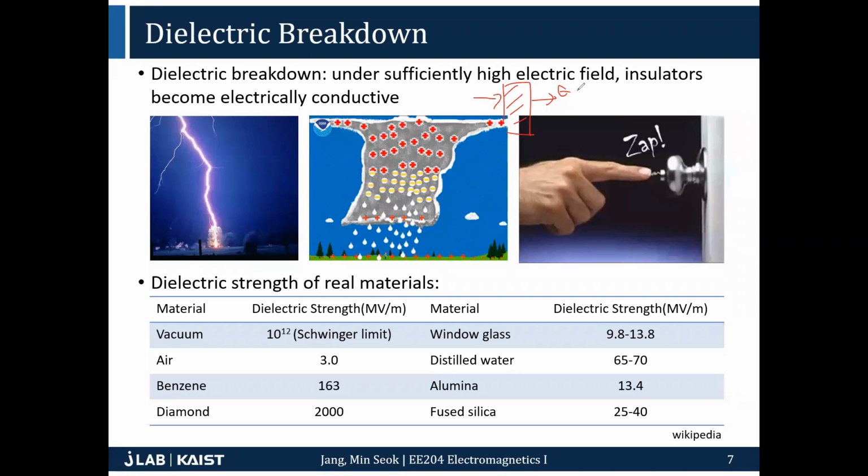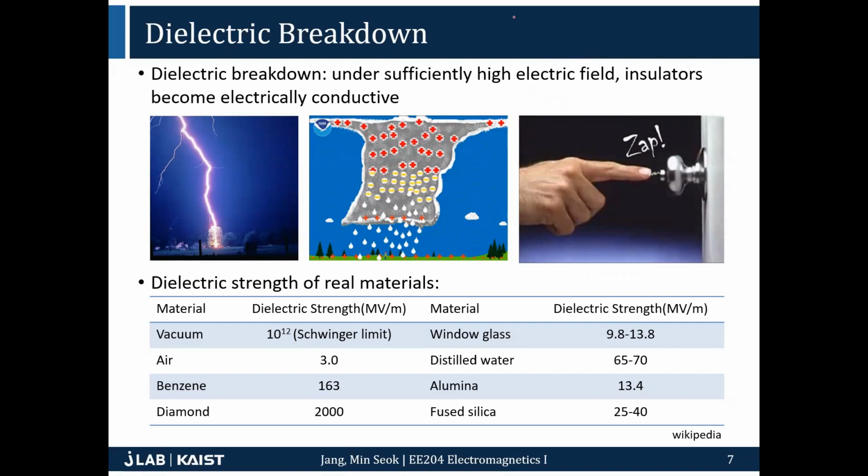That's what we learned, but this is not the end of the story. If you increase the electric field intensity higher and higher, then in the end this dielectric undergoes a phenomenon called breakdown, and current flows instantly. This is called dielectric breakdown.